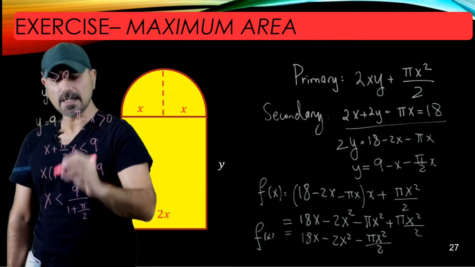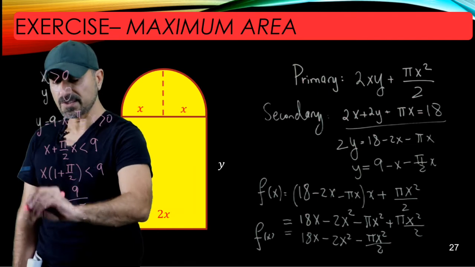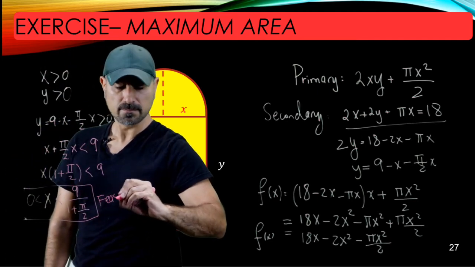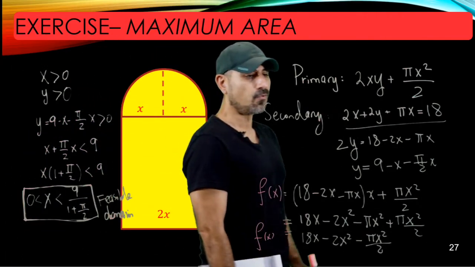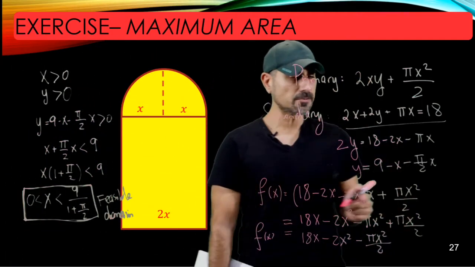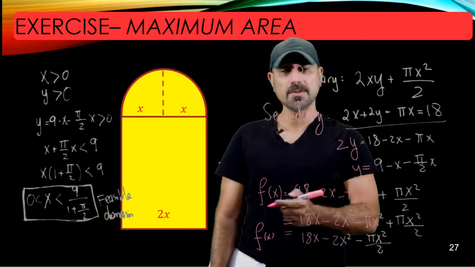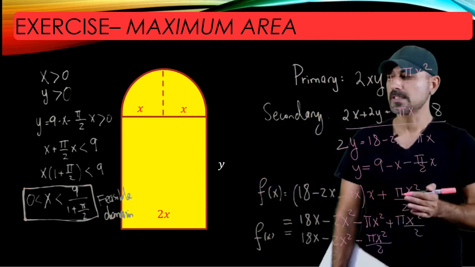But in the meantime, x is going to be greater than 0. And this is our feasible domain. This comes out of the fact that y coming out of the constraint or secondary equation has to be positive, because y is the height of the rectangle. It can't be 0. Okay?